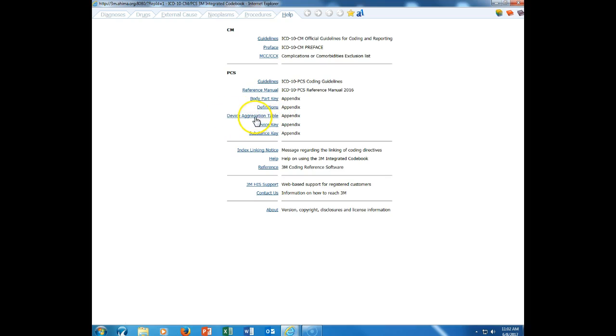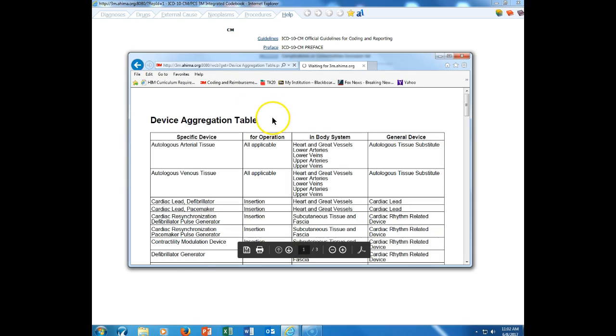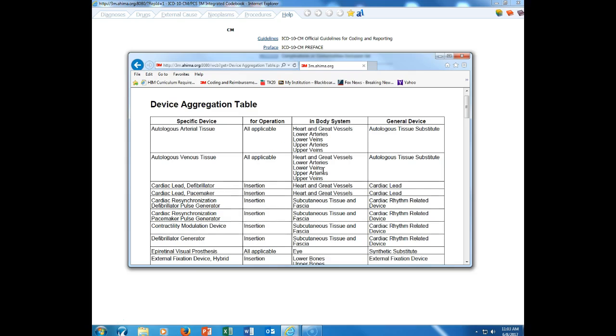There is a device aggregation table, and we'll talk more about devices. There's a specific definition for a device and specific instances when you insert a device. But for the autologous arterial tissue, the device is going to be autologous arterial tissue. These are the body systems that potentially will use autologous arterial tissue.